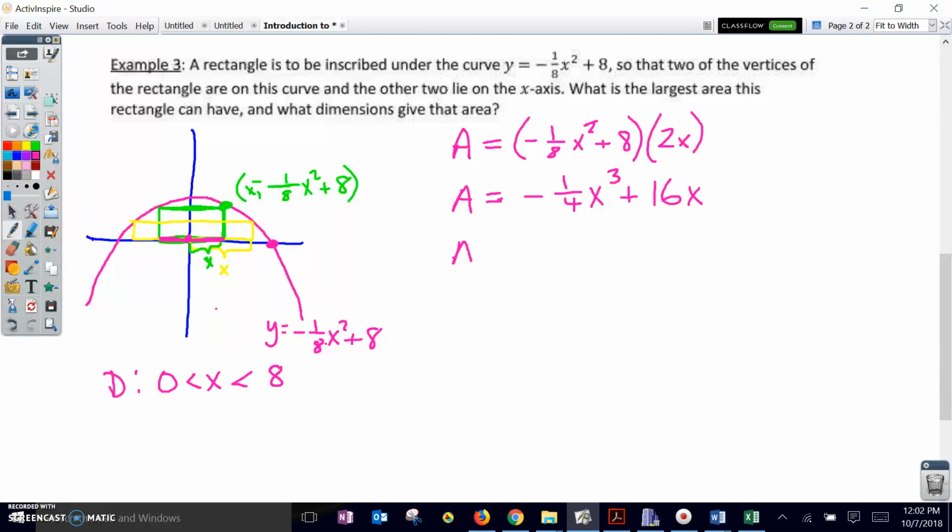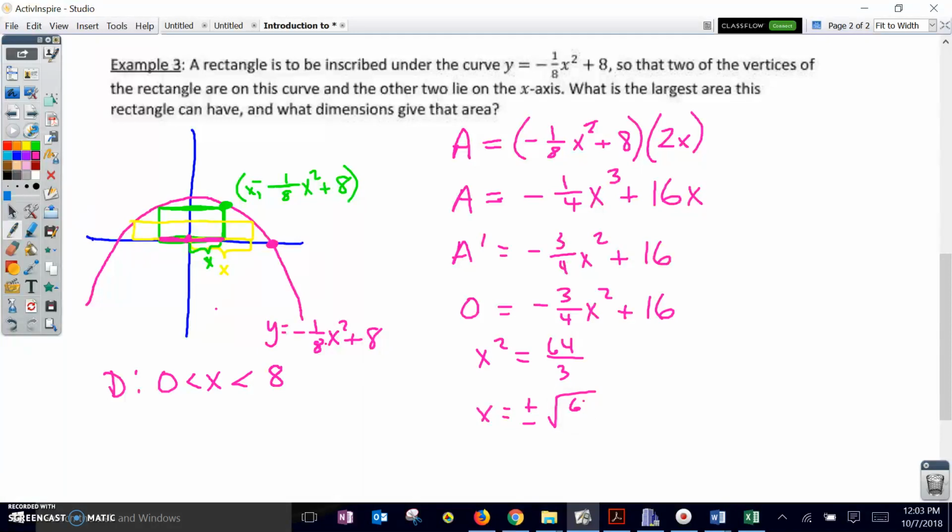Alright, now let's optimize. A prime is equal to -3/4 x squared plus 16. We set that equal to 0, and we're going to go ahead and solve it for x. For once, I'm not going to solve this by graphing since it's a quadratic. We end up with x squared is equal to 64/3, and so x is equal to plus or minus the square root of 64/3.